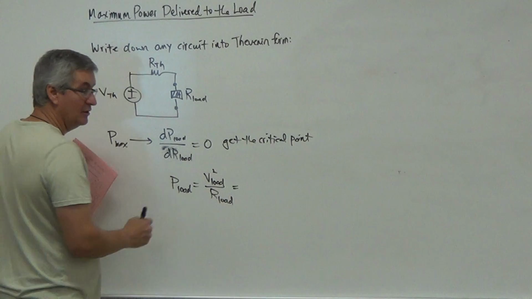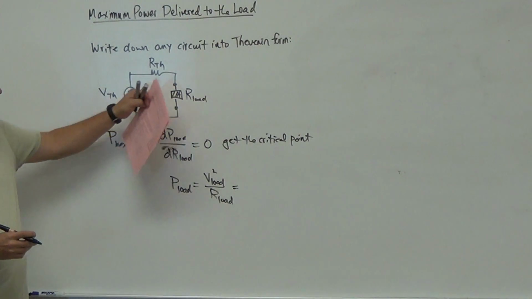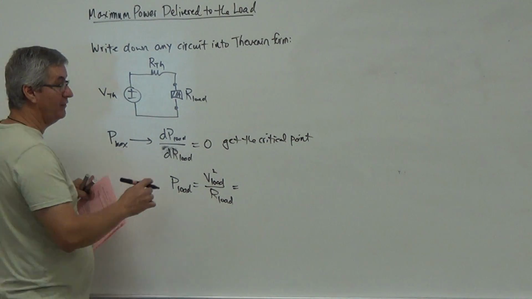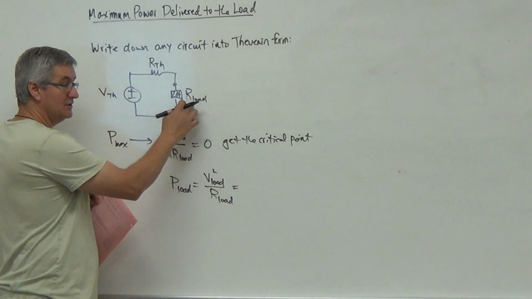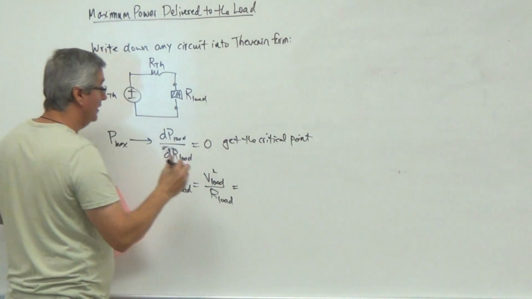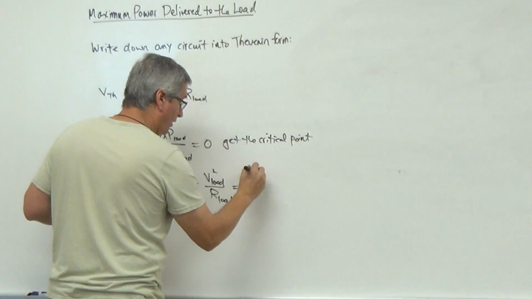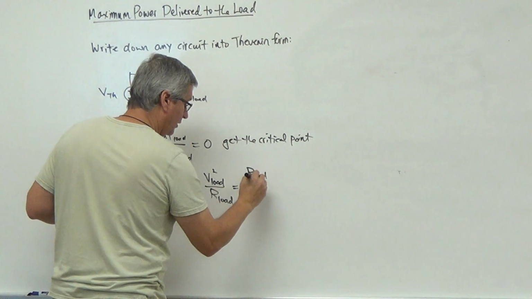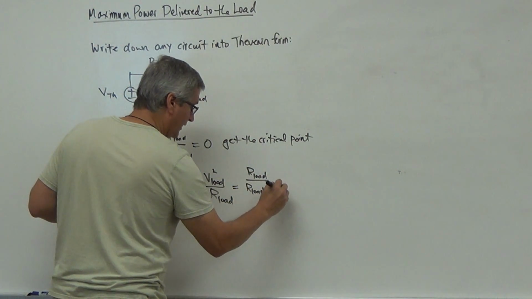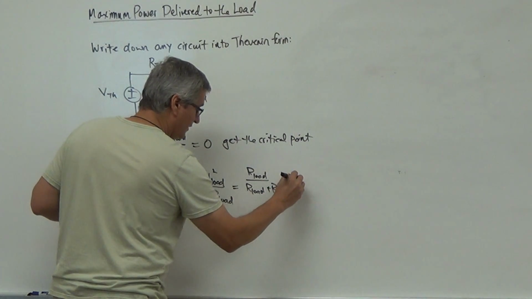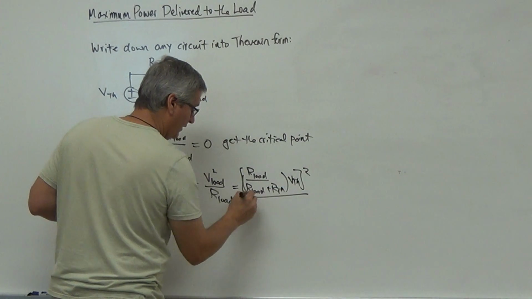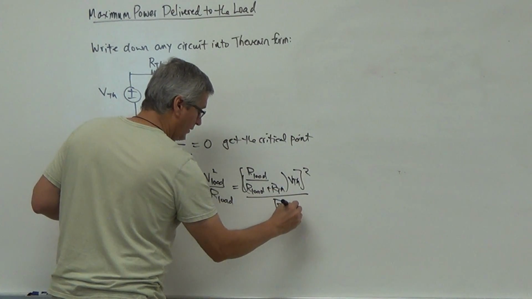And so now if I take the derivative of this guy, actually, let me step back. I've got to rewrite the load voltage. If I have a series circuit here, I could use the voltage divider rule. And the voltage divider rule says what? That the voltage across this guy is this resistor divided by the sum times that. So then I'm going to get R load over R load plus RTH times VTH, squared, divided by R load.